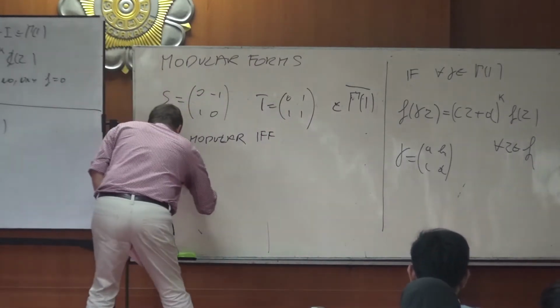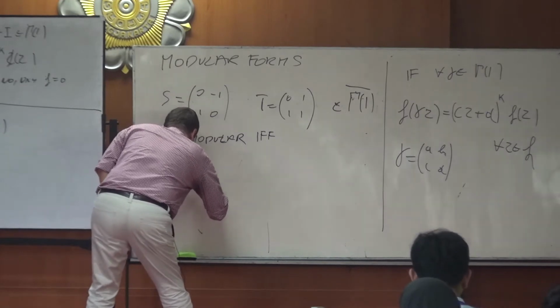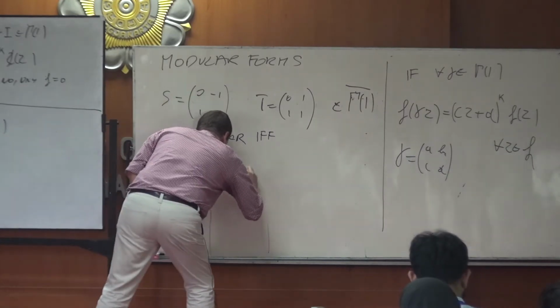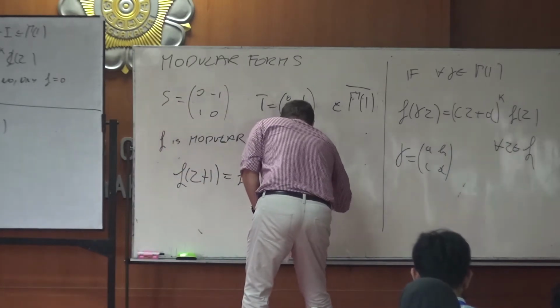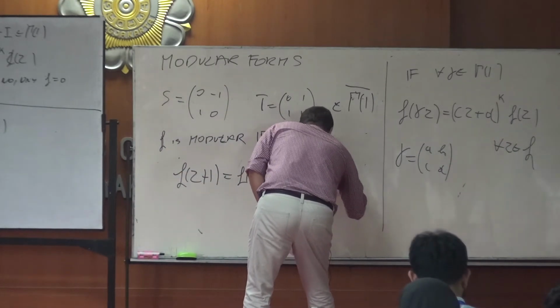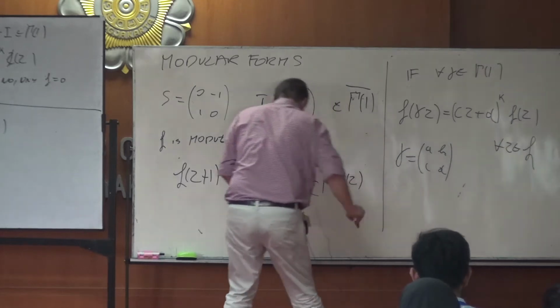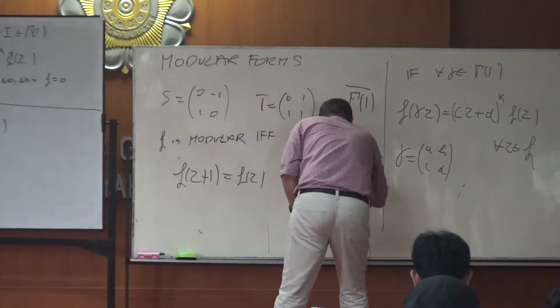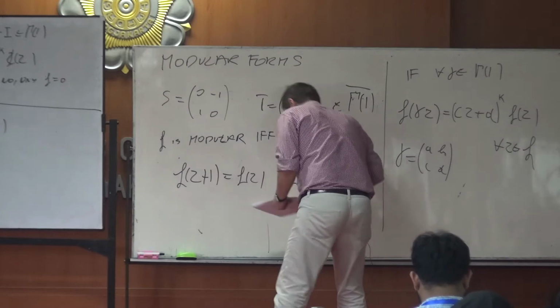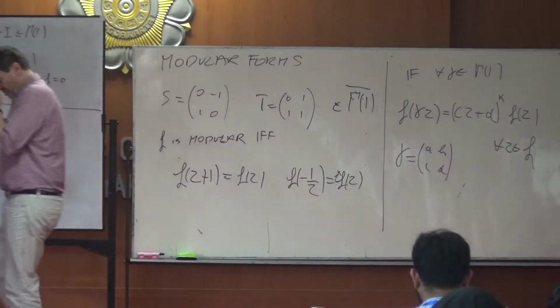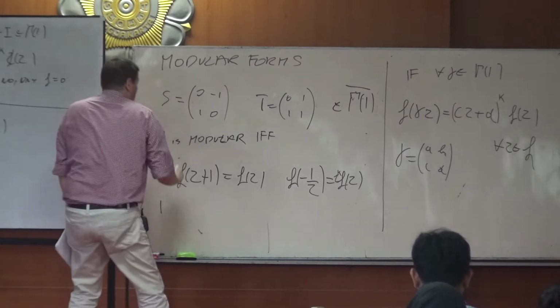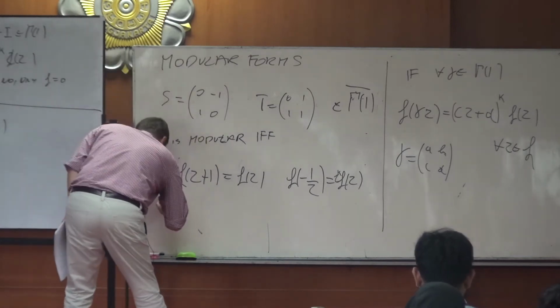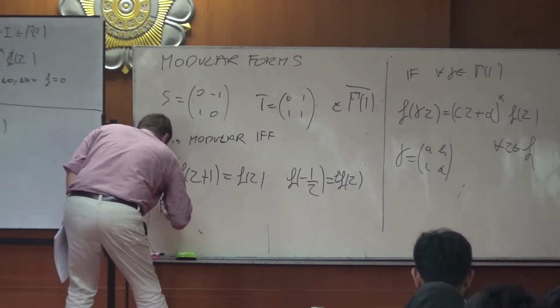So f of tau plus 1 is f of tau, and f of minus 1 over tau is tau to the k f of tau. Now, this you can prove. It's enough to check it on those two. It's an exercise.